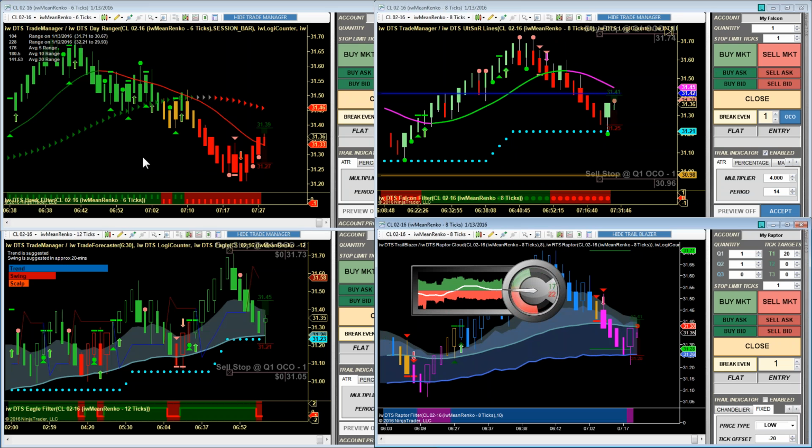The DTS is like having a Phillips screwdriver, a slot screwdriver, and a Torx screwdriver, and the Raptor is like having the all-in-one screwdriver. I'm struggling for analogies here, but I think you guys get the idea.